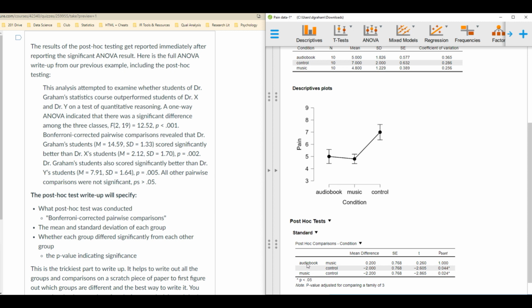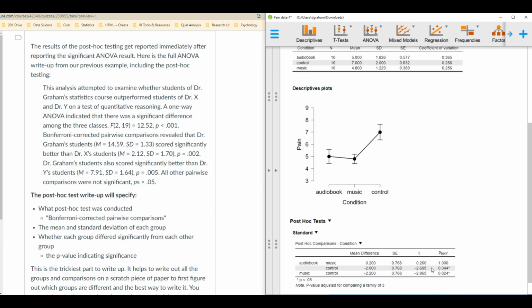What about audiobooks versus control? That's what we see presented in the gray row. The mean difference between the audiobook and control groups is 2. Right? We see audiobook was 5 minus control 7 gives us that -2, meaning that audiobook was 2 lower than control.